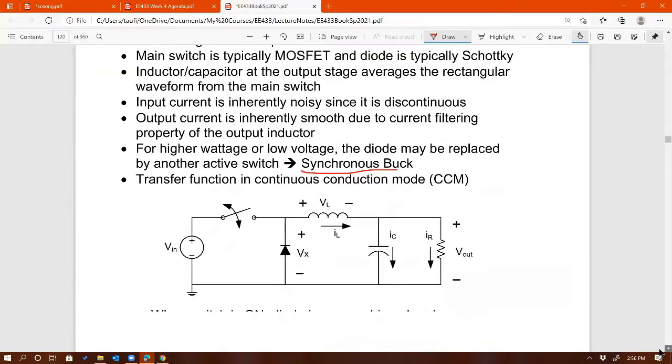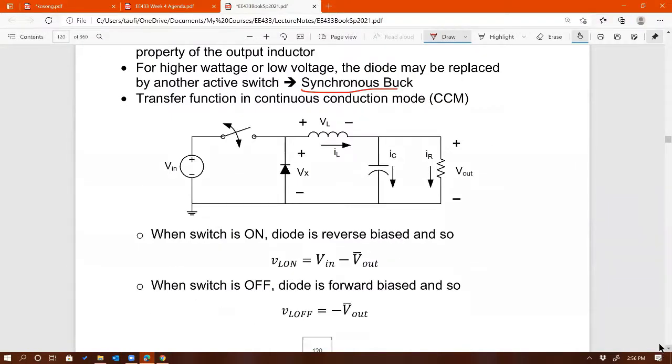Okay, the transfer function. Remember, to derive the transfer function, you just need that very last equation using volt-second balance. VL on times the on time, oops, sorry, VL on times the duty cycle plus VL off times 1 minus D equals 0, right?